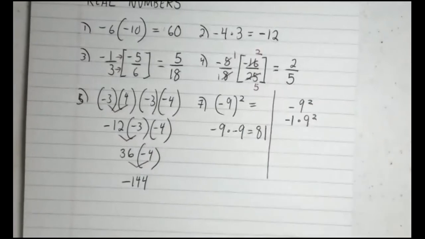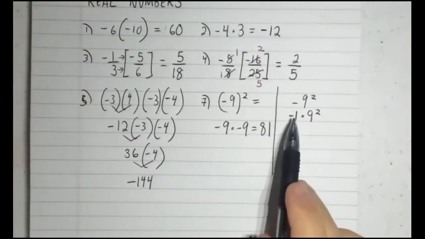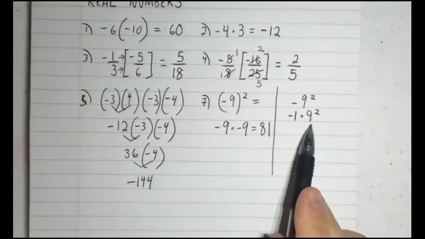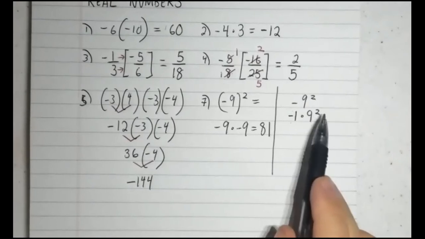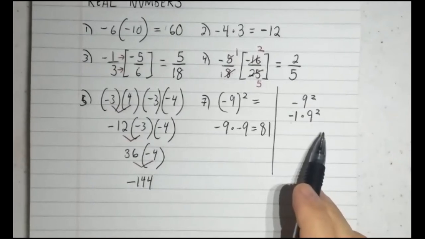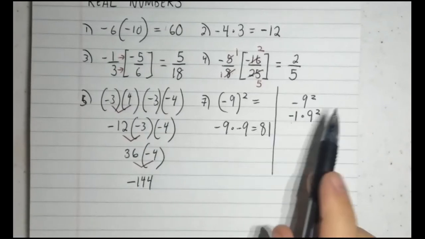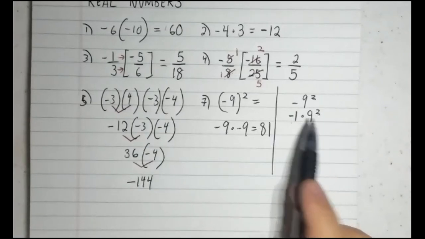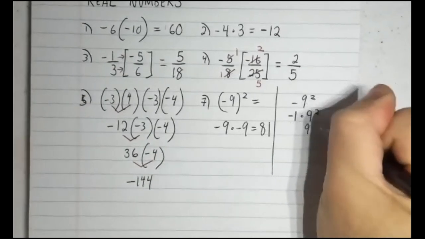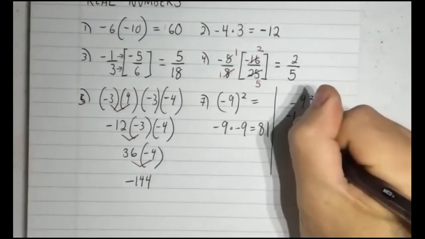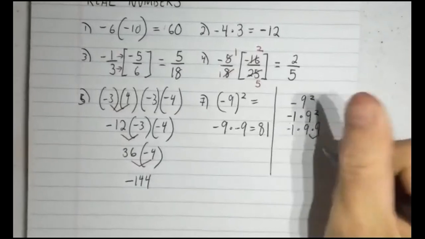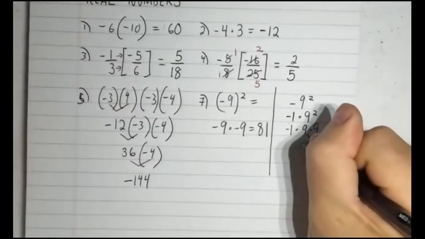Separate these two, like you're taking a negative value and applying it to the 9 squared. If you think about our order of operations, parentheses first, exponents come next, then multiply or divide. So we would always do this exponent first. Again, this is 9 times 9, and 9 times 9 gives me 81.